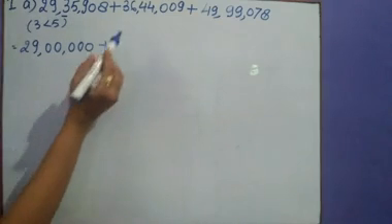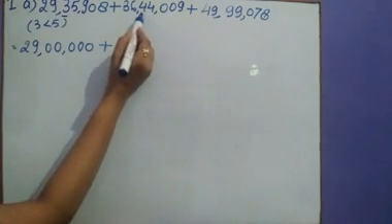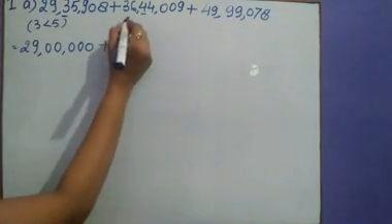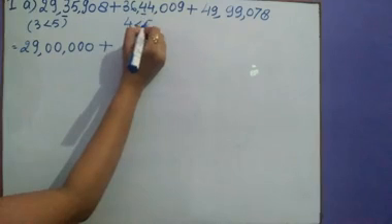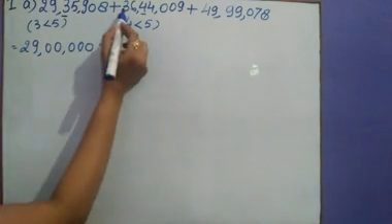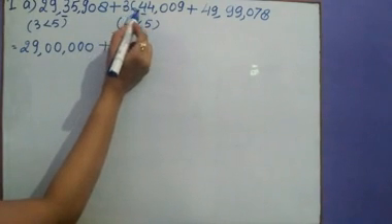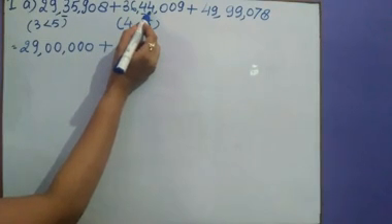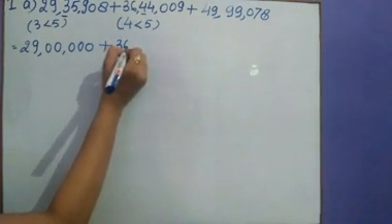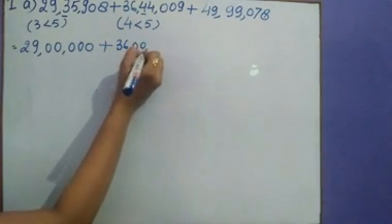Understood? Now this one. The digit at 10,000 place is 4. This is also less than 5. So 36 lakh 44,009 will be rounded down to 36 lakh.